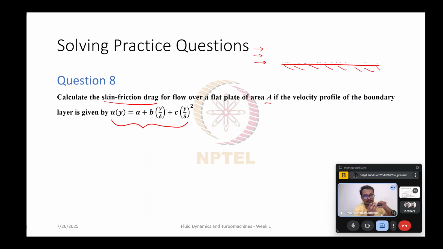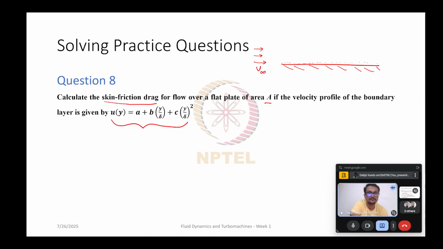The particles which are just sitting on this surface, they would stick to the surface and stay there. So the velocity there would be zero. But as we slowly go up, it would have some velocity. And ultimately, after a certain distance, it would be exactly equal to whatever velocity I was applying in the first place. Let's call that u infinity.